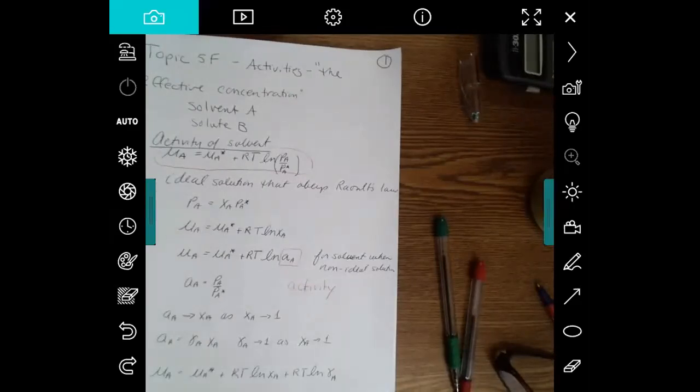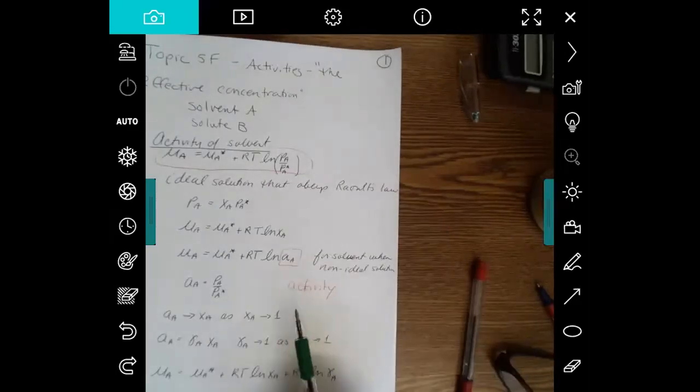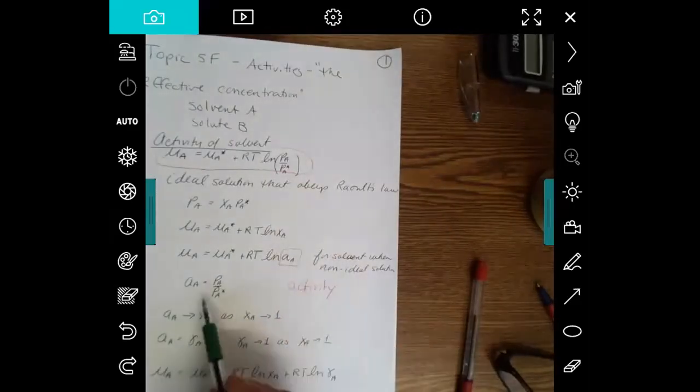I'll talk a little bit about this when I reach the end of this section, why the solution wouldn't behave as if it just has the concentration that you put in. So if you compare the equations, that means that the activity of A is really equal to the partial pressure of A over the pressure of A if it was pure.